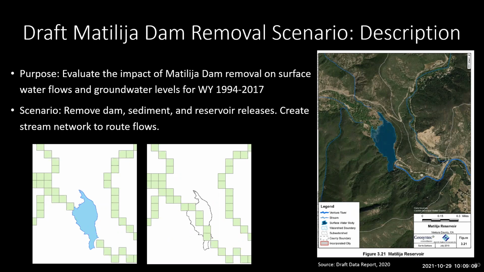So that would actually be one of the goals of Matilija Dam removal, to restore that sediment transport. And I think we would see some water storage changes relating to that. I don't know how you can really model and account for that, but it's something to consider.